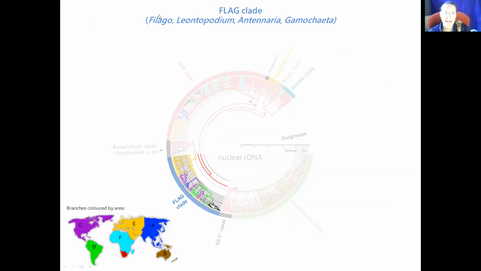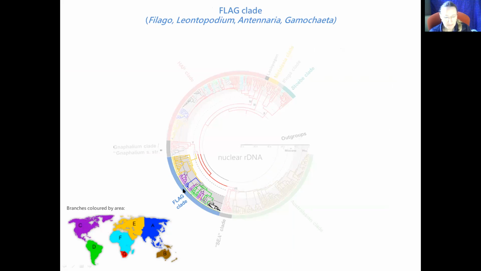The flag clade is named for the large genera Filago, Leontopodium, Antennaria, and Gamochaeta. And it's quite interesting because the ancestor and the early divergences in this clade are inferred to have occurred in Europe, and I think mostly the northern Mediterranean area. And the genus Filago is distributed in Europe and North America.